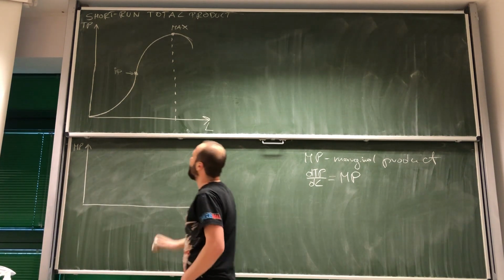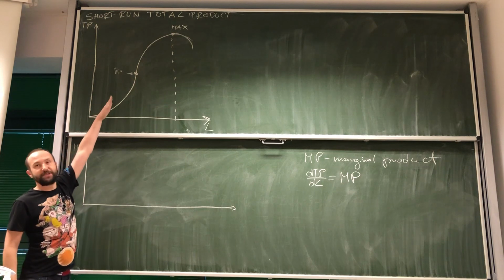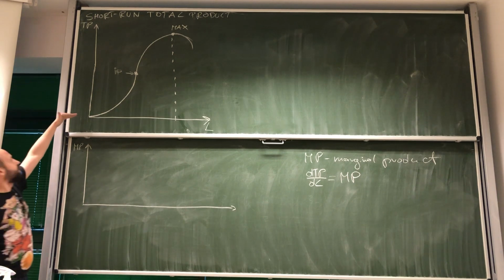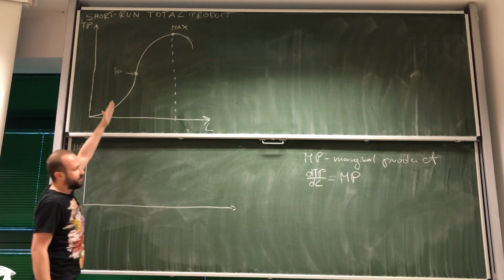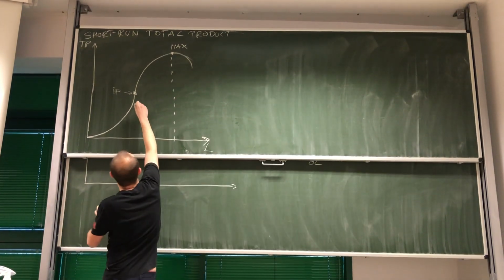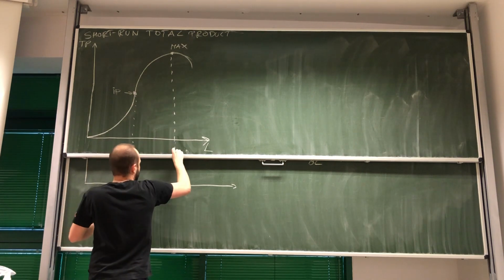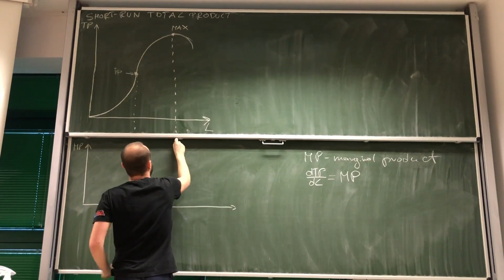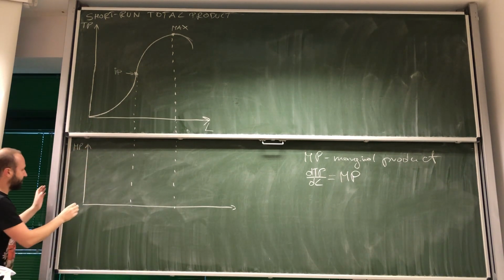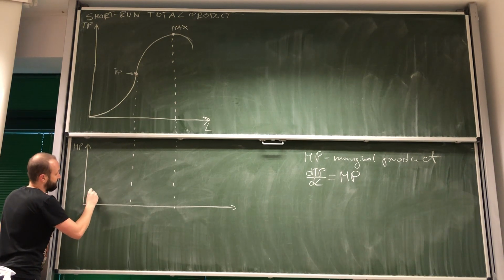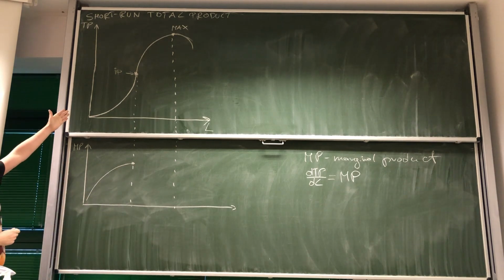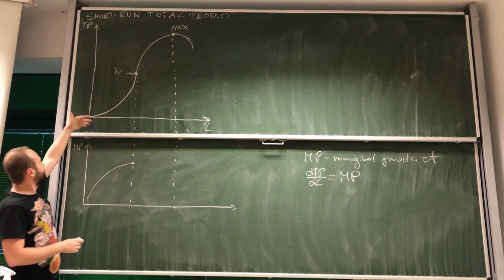Here, we see that the function increases more than proportionally. What does it mean? It means that over here, the slope of the function is increasing. So we see that over here, marginal product should be increasing, right? Marginal product measures the slope of this function, because the derivative measures the slope of a function.